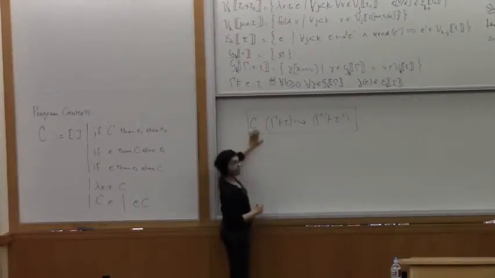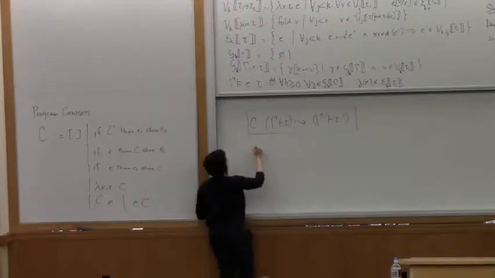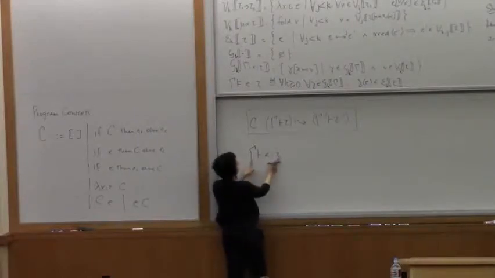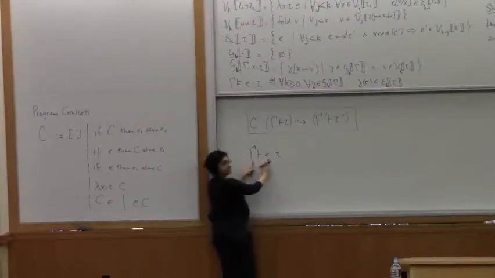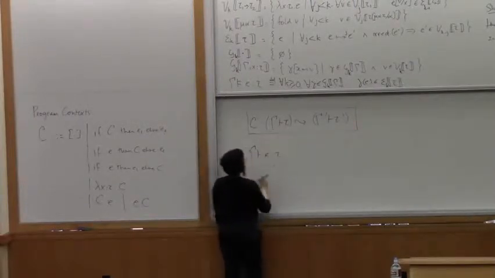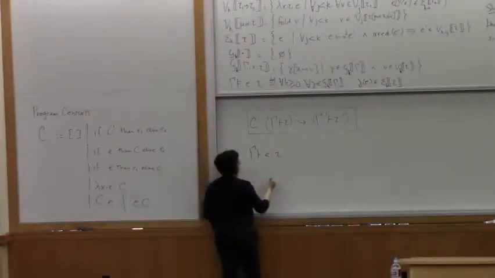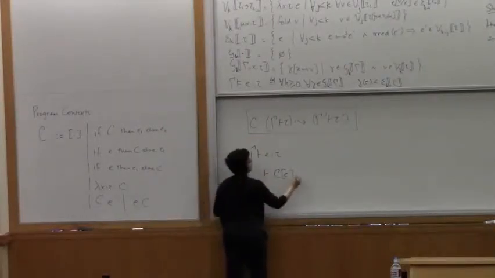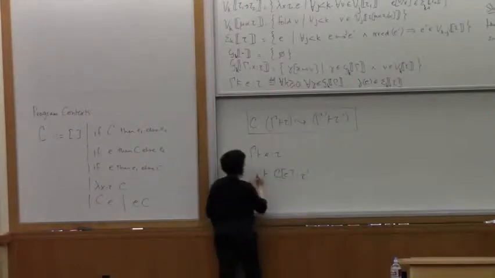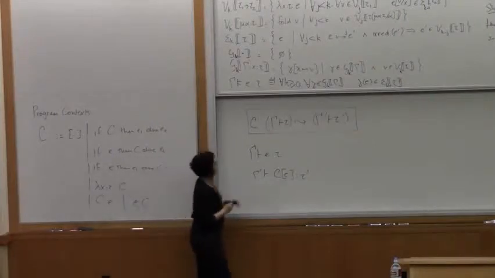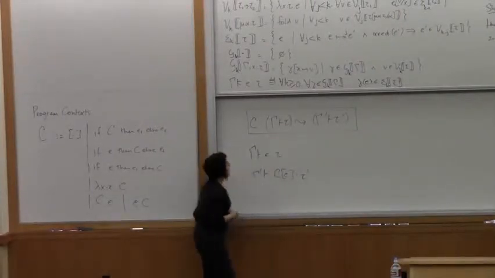So in particular, if you have a context of this type, and you are given an expression of this type, notice that this E has type tau under gamma, right, which matches the type of the hole. So if you're given an expression of this type, then once you plug the expression E into the context C, you will get an expression that has type tau prime under the environment gamma prime. Okay? So that's the way you want to read these typing rules.